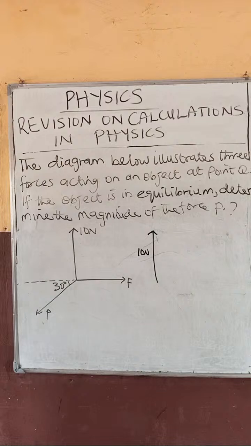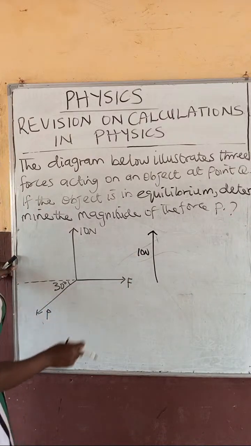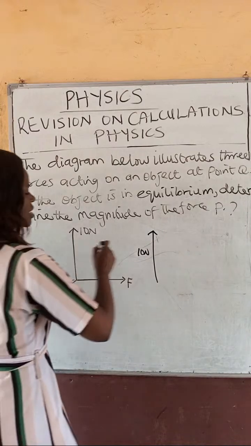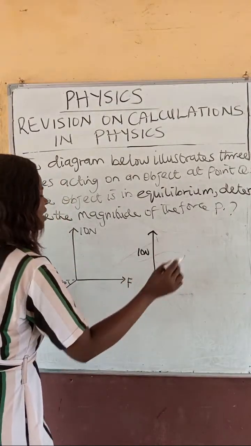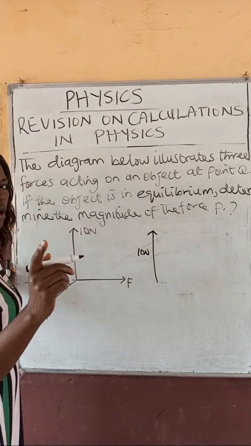Down, what again do we have? From the same point, we have F acting in this direction. So I can decide whether I'm putting it here or here. See, the same thing.